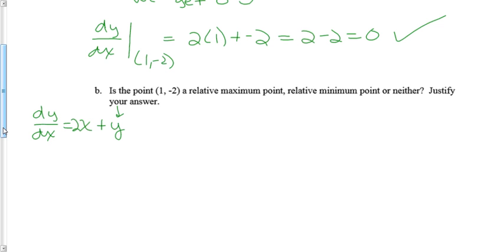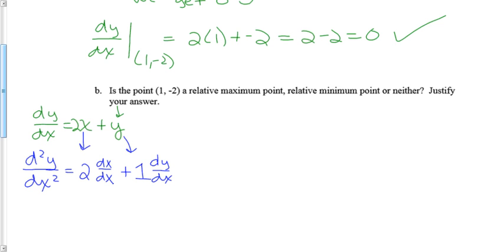So the second derivative: the derivative of 2x with respect to x is 2 dx/dx, and the derivative of y with respect to x is 1 dy/dx. Again, that's really just our chain rule, our inside-outside rule.